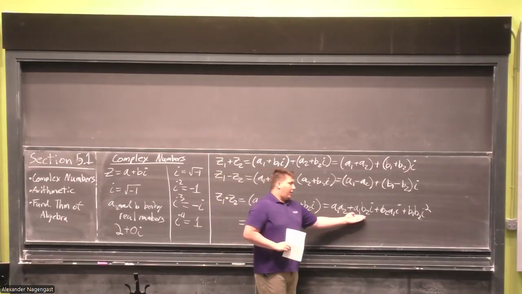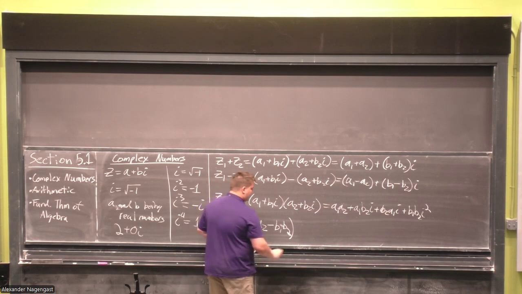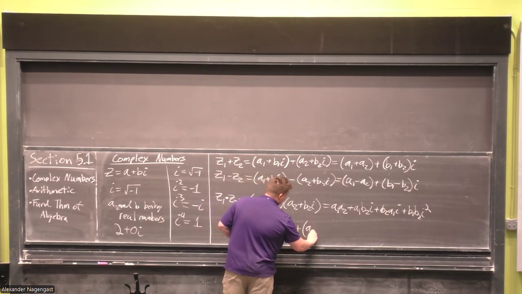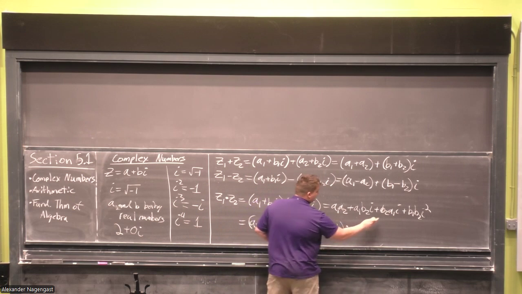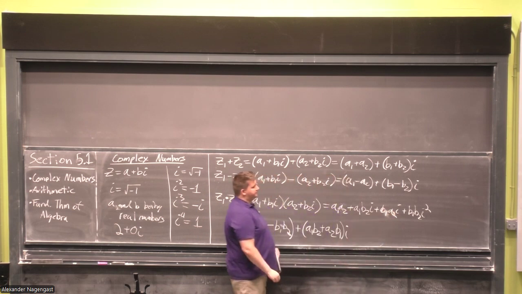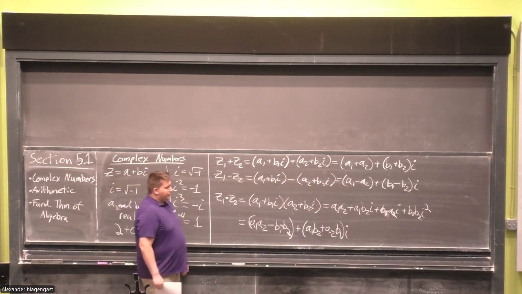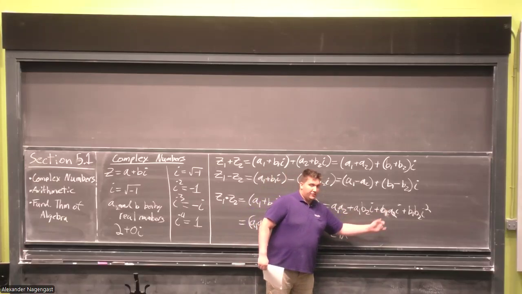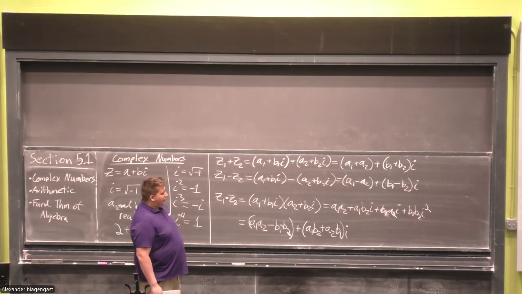Now I'm going to gather up my i's. I'm going to factor my i out, and I'm left with a1 b2 plus a2 b1 times i. I messed this up. This is b1, this is b2, or a2. And if you notice, I just switched this a and 2. Multiplication is still commutative.